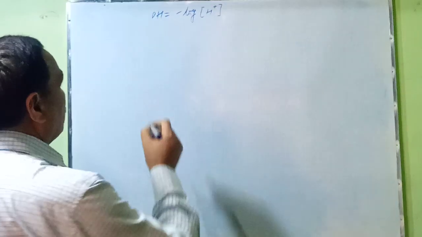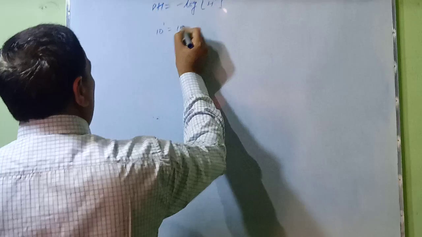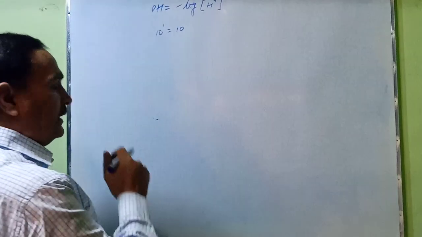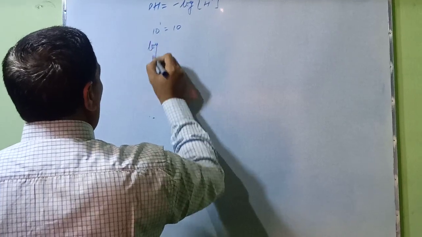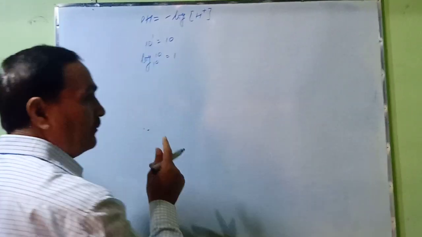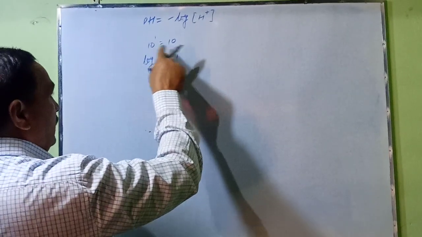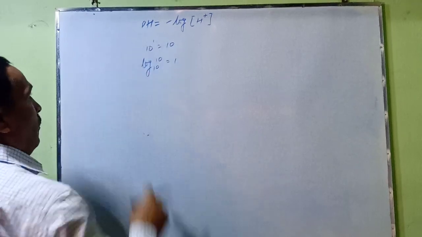We know 10 to power 1 is equal to 10. This is written in logarithm form as log 10 base 10 is equal to 1. Here 10 is replaced by 1.